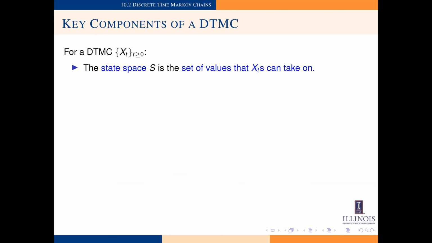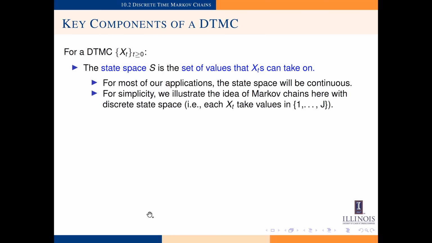Let's introduce a few key components of a discrete time Markov chain. The first thing is its state space. The state space of a discrete time Markov chain, S, is the set of values that Xt's can take on. In most of our applications, the state space will be continuous.